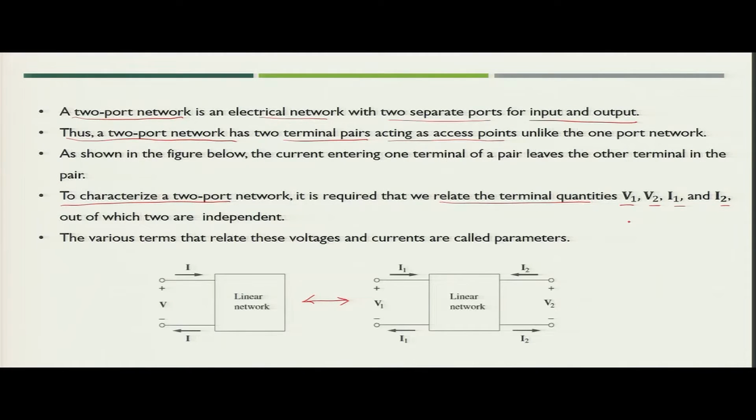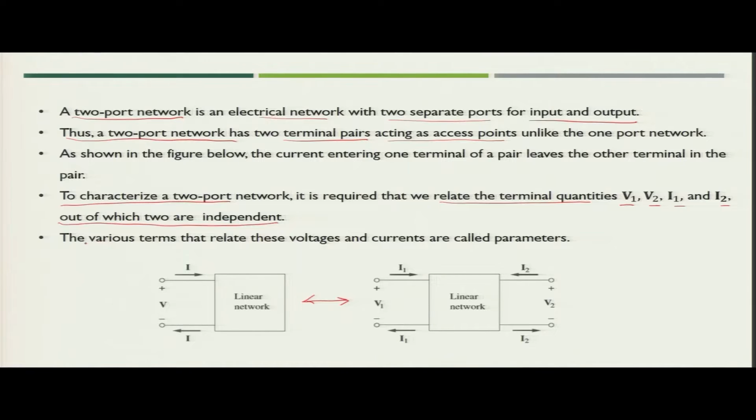So, if we want to characterize the two port network, we have to find out the values of V1, V2, I1, I2, or since we have 4 variables, at least 2 have to be made independent quantities, so that you can find out the circuit parameters.